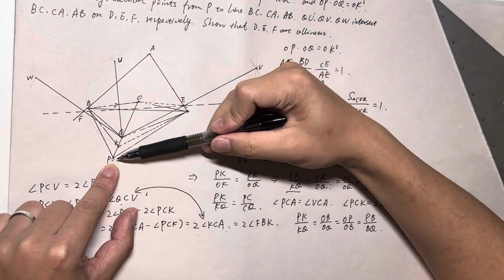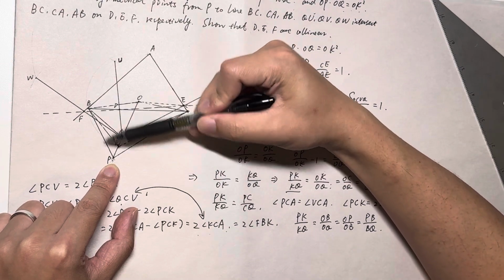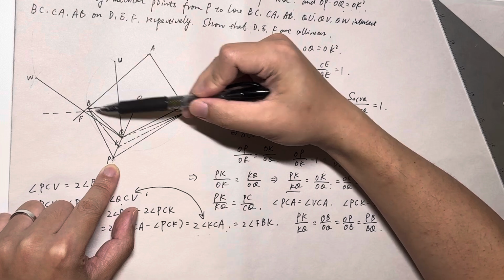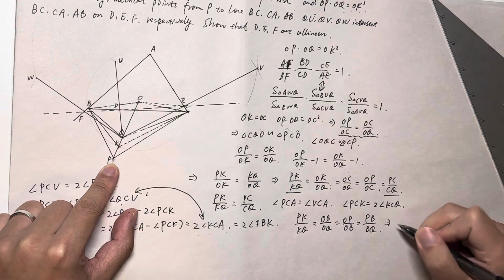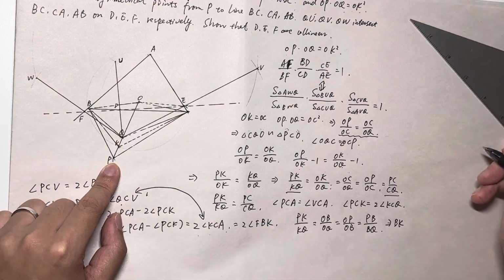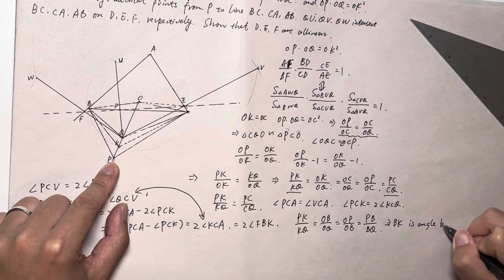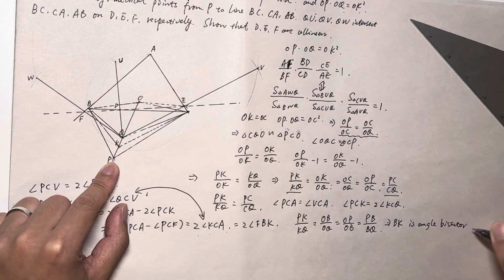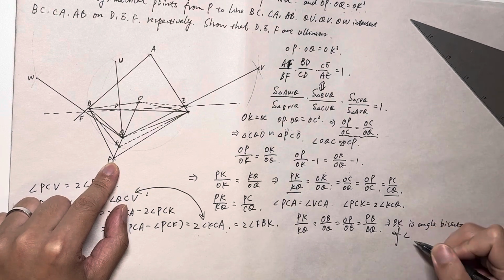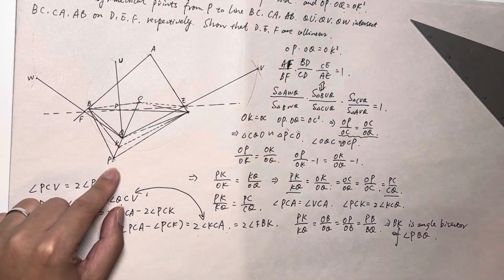So PK to KQ equals PB to BQ, which means BK is the angle bisector of angle PBQ.